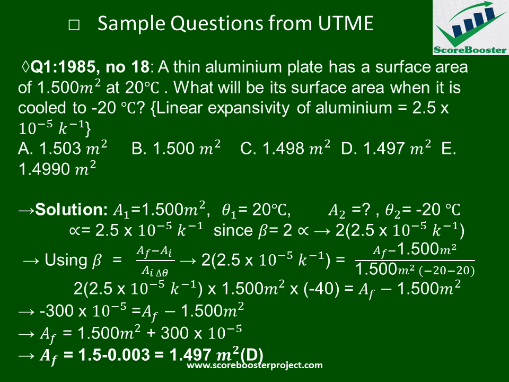So then we can cross multiply. If you cross multiply here, it will give you 2 into 2.5 times 10 to the power minus 5 per Kelvin, times 1.500 meters square, times minus 20 minus 20, which gives us minus 40.